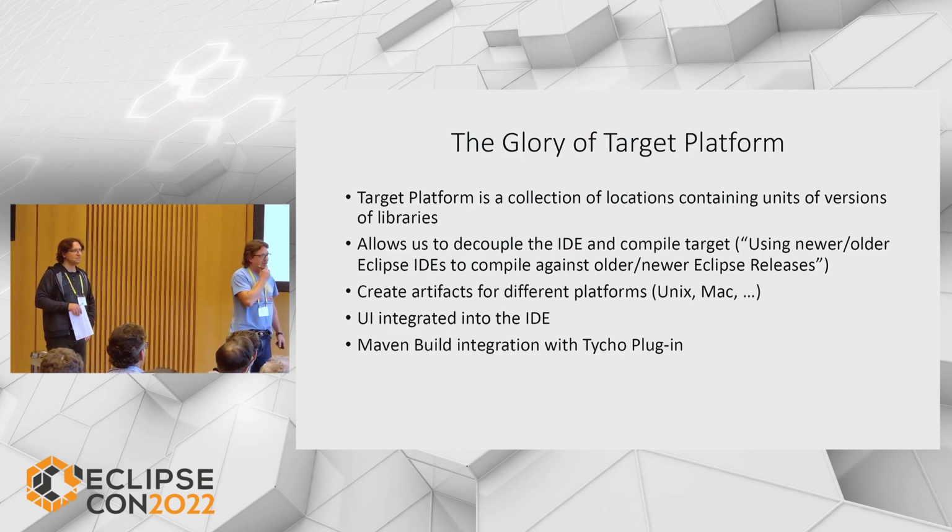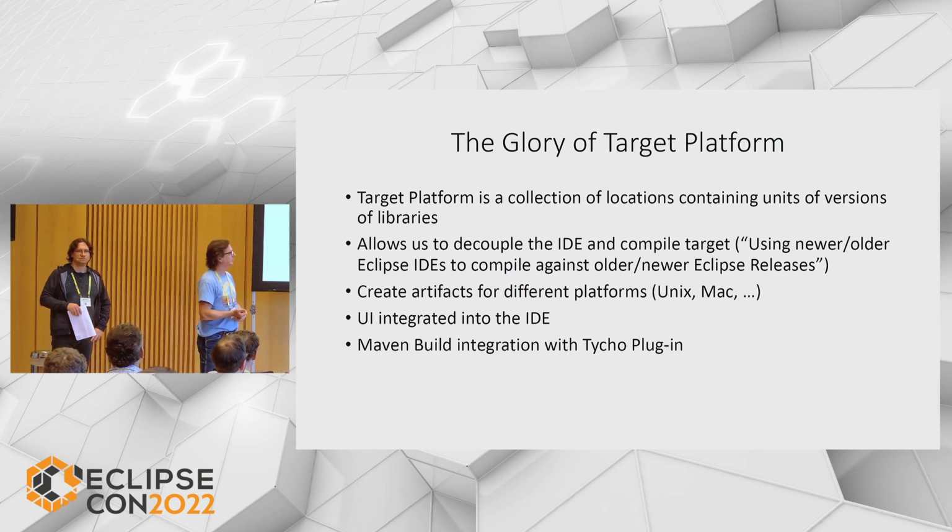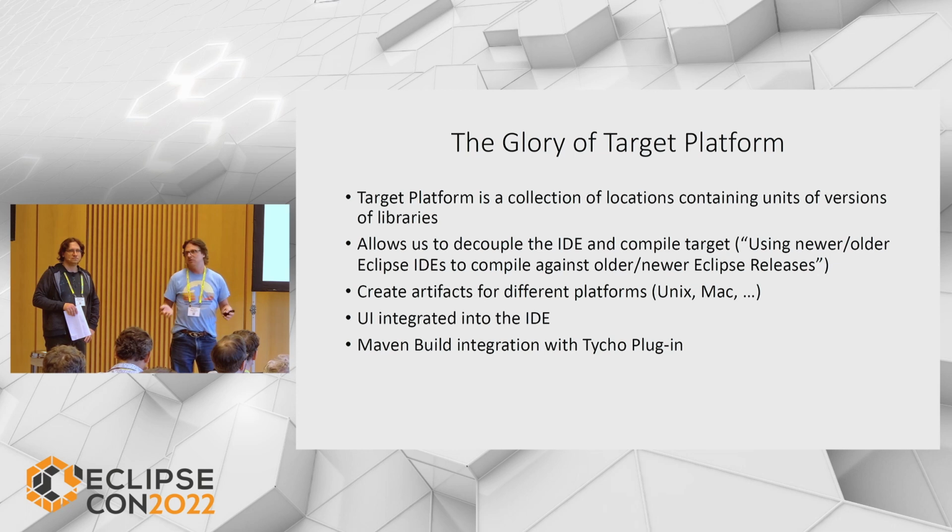So I'd like to start with maybe my point of view about target platform files. I think it's a great tool to structure large amounts of artifacts or libraries or dependencies, if you like.